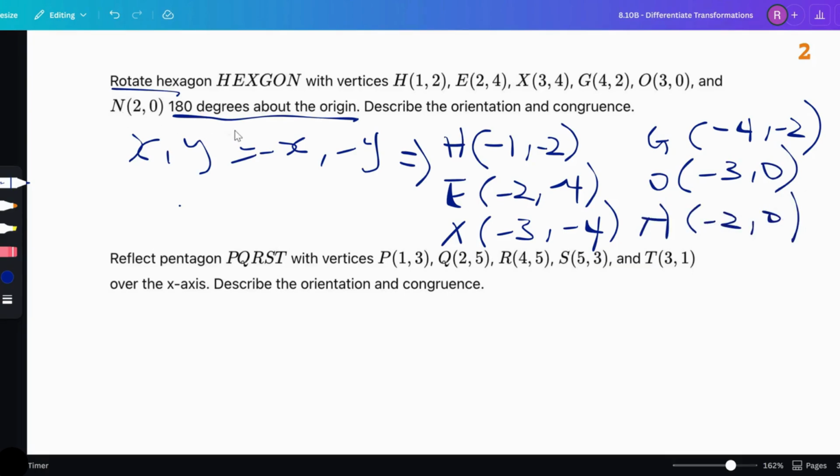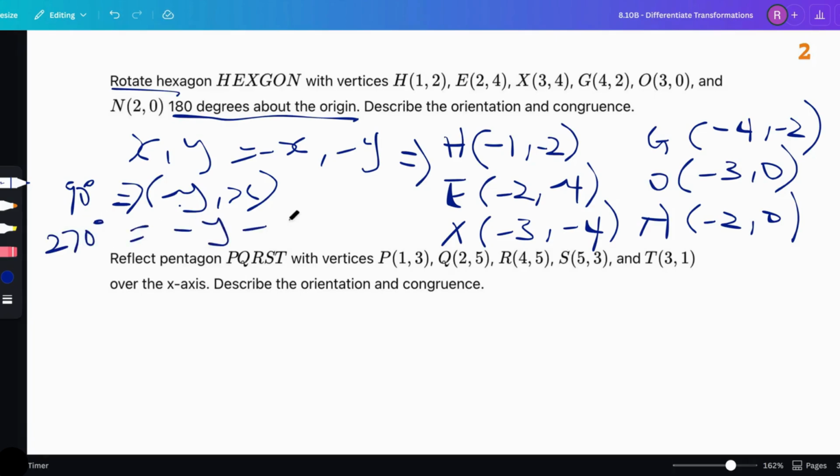That is for 180-degree rotation. Assuming it is 90 degrees, then it will become -y, x. For 270 degrees, it will become -y, -x. So that is that about rotation.